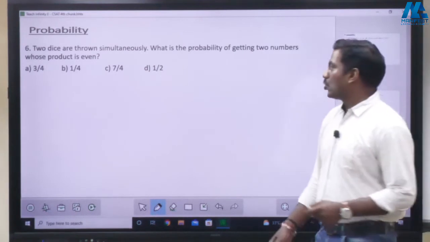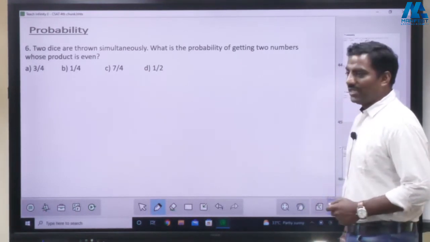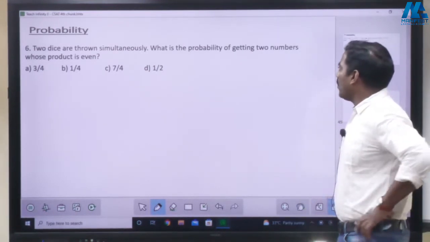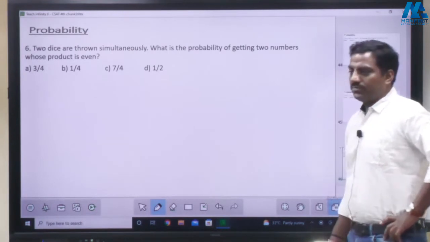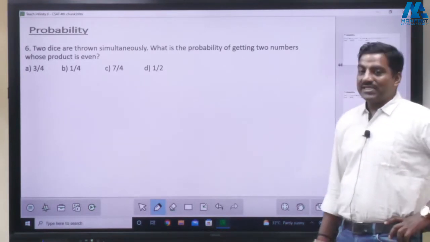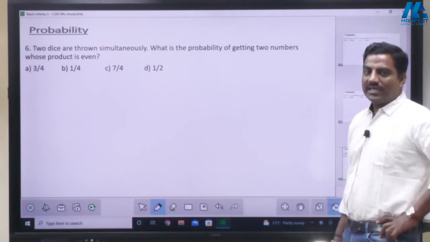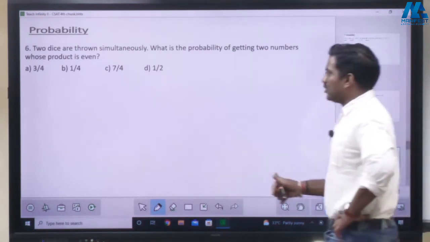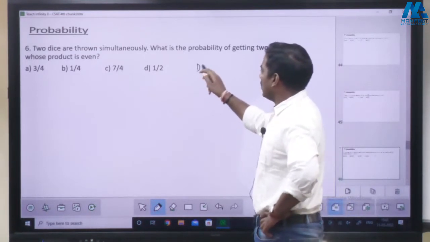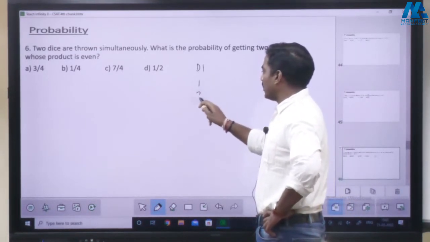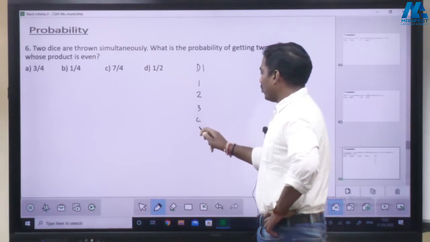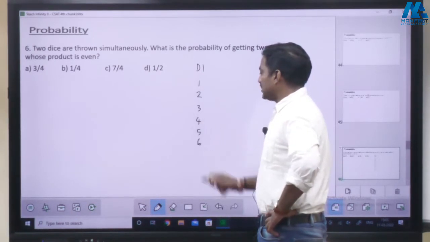2 dice are thrown simultaneously. What is the probability of getting 2 numbers whose product is even? See, how do you visualize dice 1? What are all the possibilities? 1, 2, 3, 4, 5 and 6.